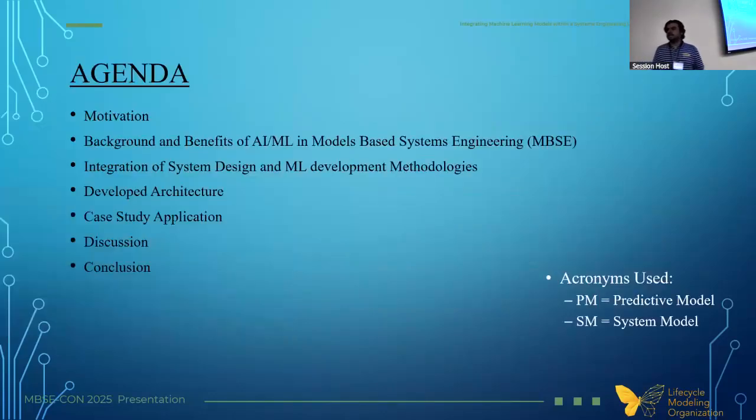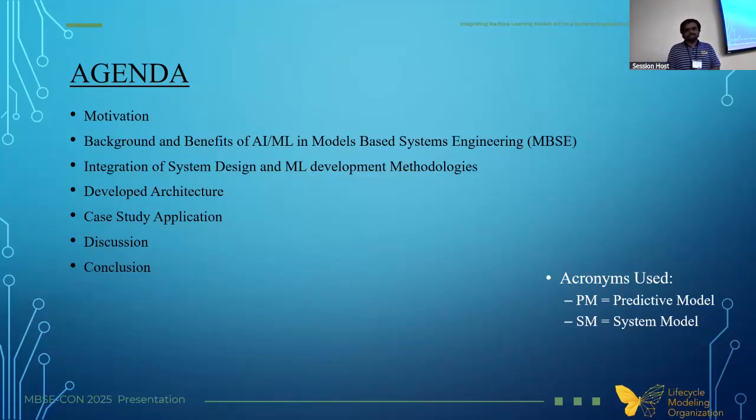So the agenda here is to talk about a certain problem that I've been working on, a certain project, you could say, and how that problem came to me, and how I tried to use AI, or rather machine learning, predictive models, anything you like to call it, to solve that problem.